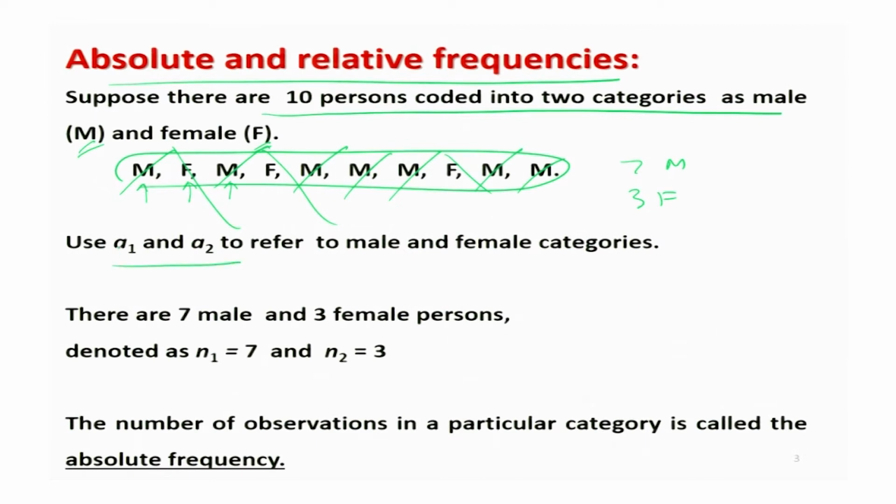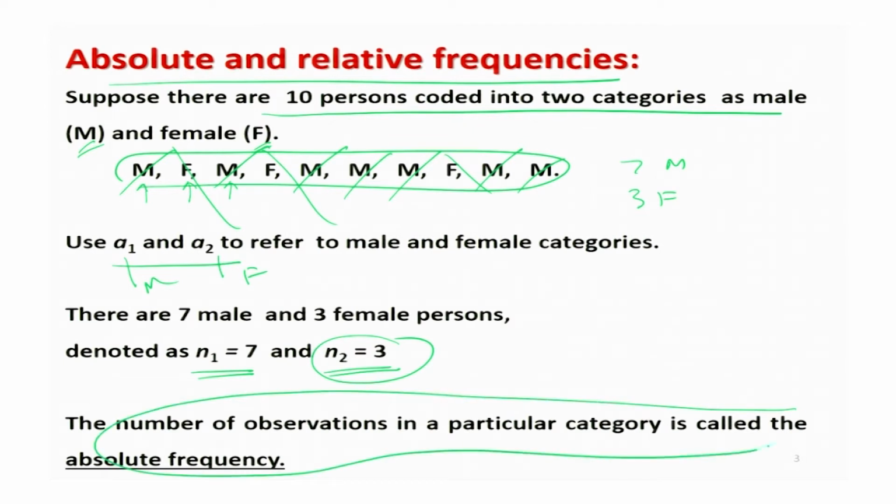For example, A1 can be the male category and A2 can be the female category, and the numbers of people in these two categories are indicated by N1 equal to 7 and N2 equal to 3. That means N1 is the number of people in category A1, and N2 is the number of people in category A2, which is equal to 3, right? So the number of observations in a particular category is called the absolute frequency.